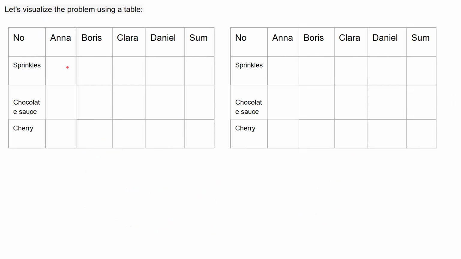So sprinkles, three of them chose. So what is the sum? Three. Now again, three chose chocolate sauce. So what is the sum? Three. Three chose cherry. So the sum is three. So that is what we come to know here.